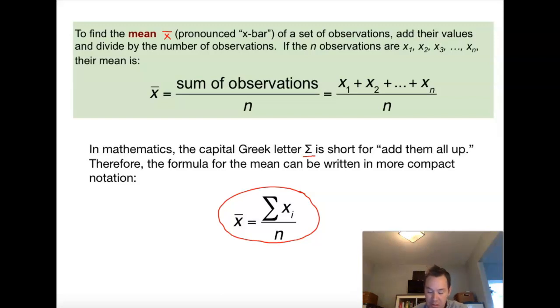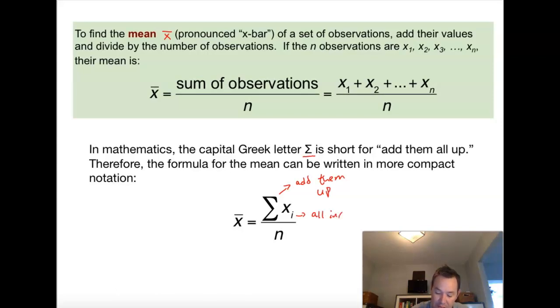So just remember that sigma means add them up. X sub i means all individual data, and then n is the number of data.